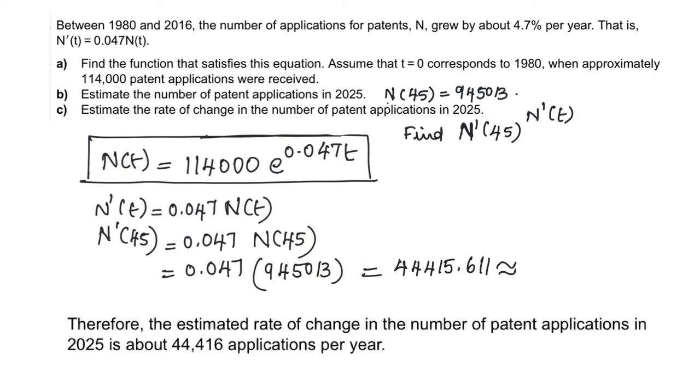We can round this answer to the nearest whole number. Since the digit after the decimal is 6, a number greater than 5, we add 1 to the previous digit. So we can conclude that the estimated rate of change in the number of patent applications in 2025 is about 44,416 applications per year.